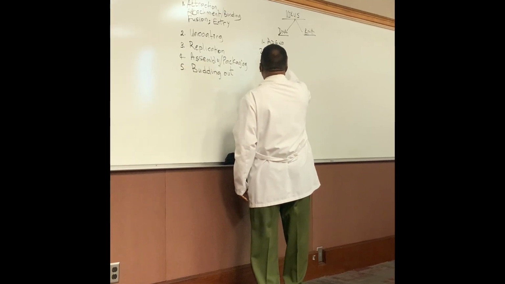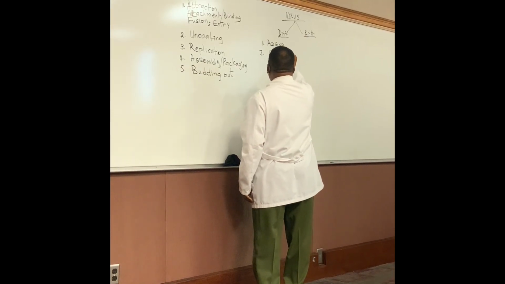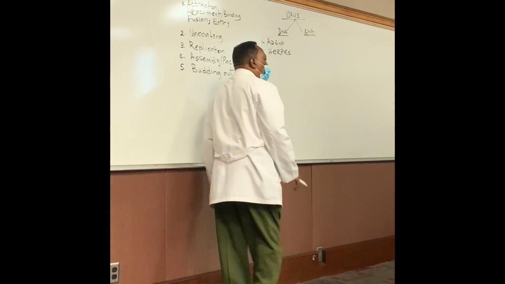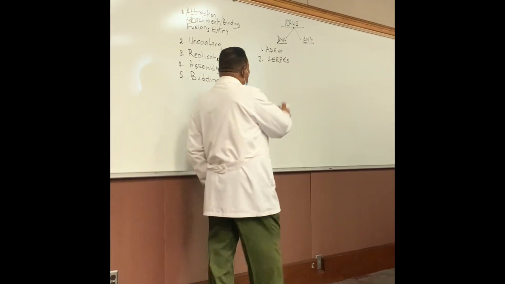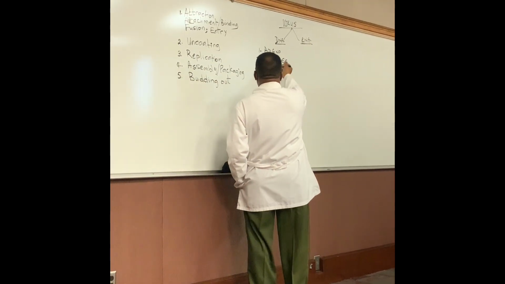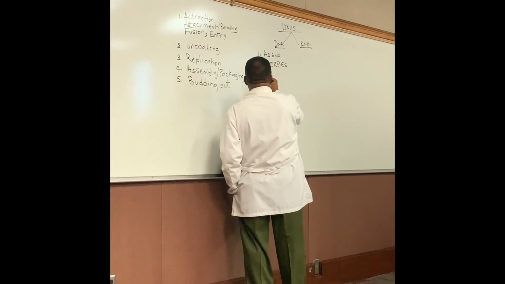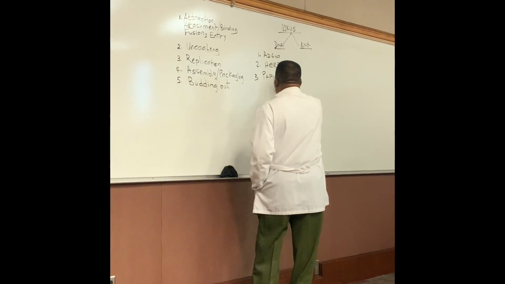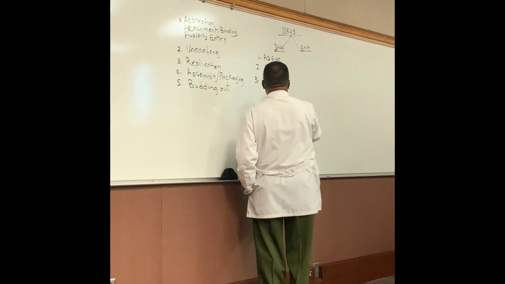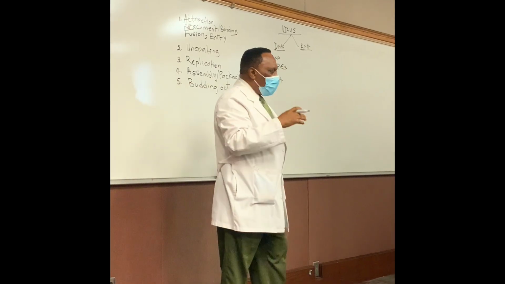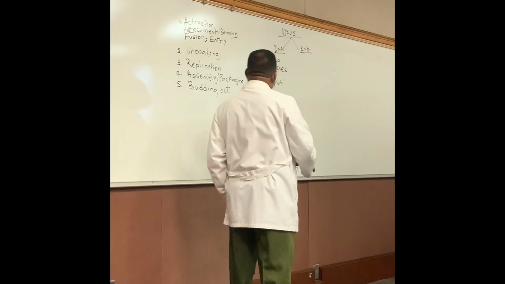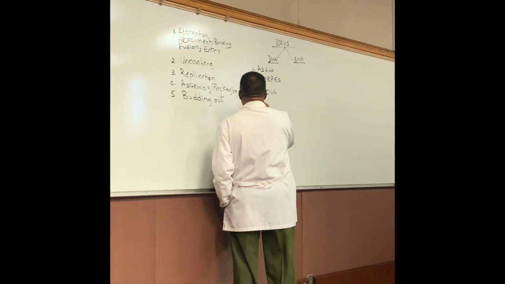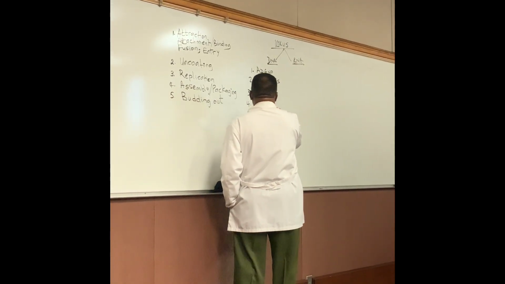And then you have a large family, which is the herpes family. And we'll come back and describe those. And then you have the papovaviruses. That's another large group. And then the pox viruses.